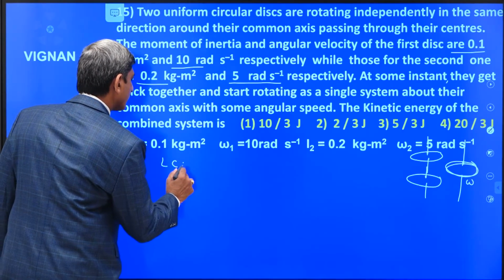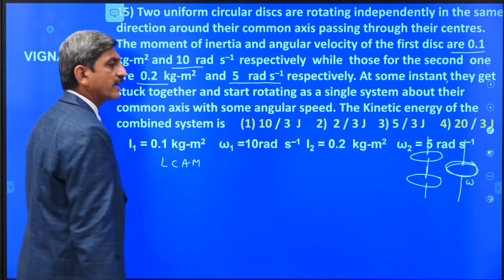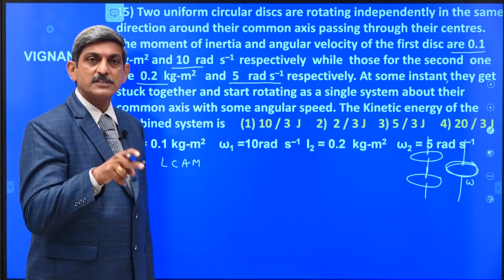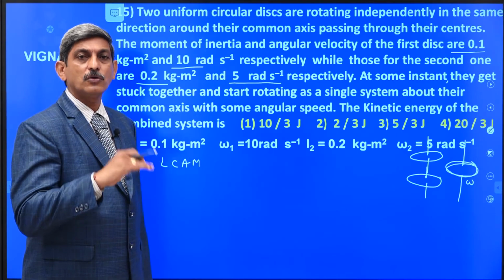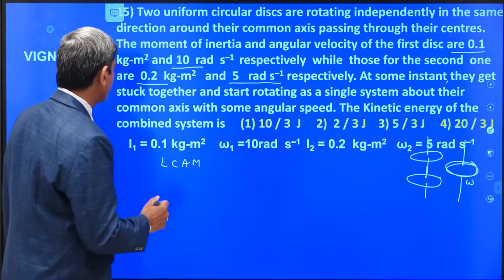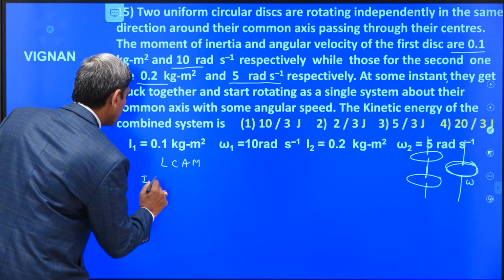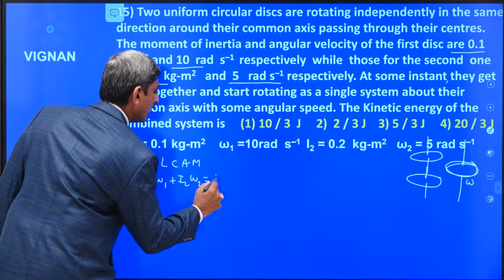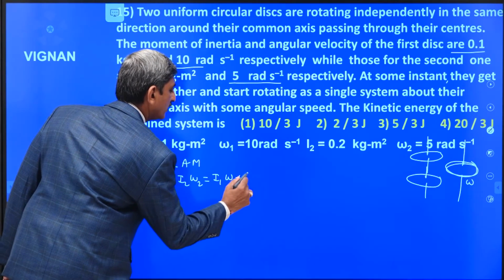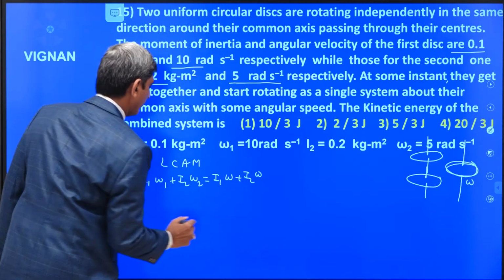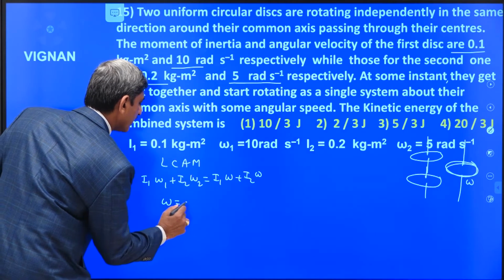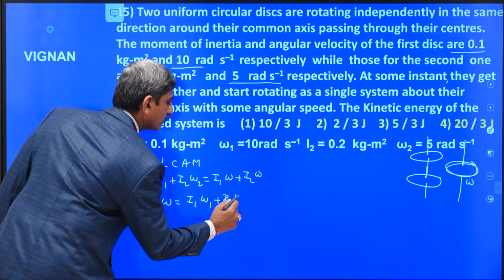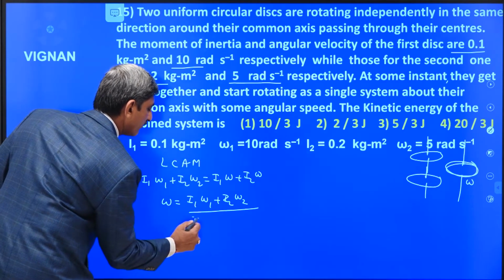From the law of conservation of angular momentum, total angular momentum of the system before combining is equal to total angular momentum of the system after combining. From that we have I1 omega 1 plus I2 omega 2 is equal to I1 omega plus I2 omega. From this, the common angular velocity omega is equal to I1 omega 1 plus I2 omega 2 divided by I1 plus I2.